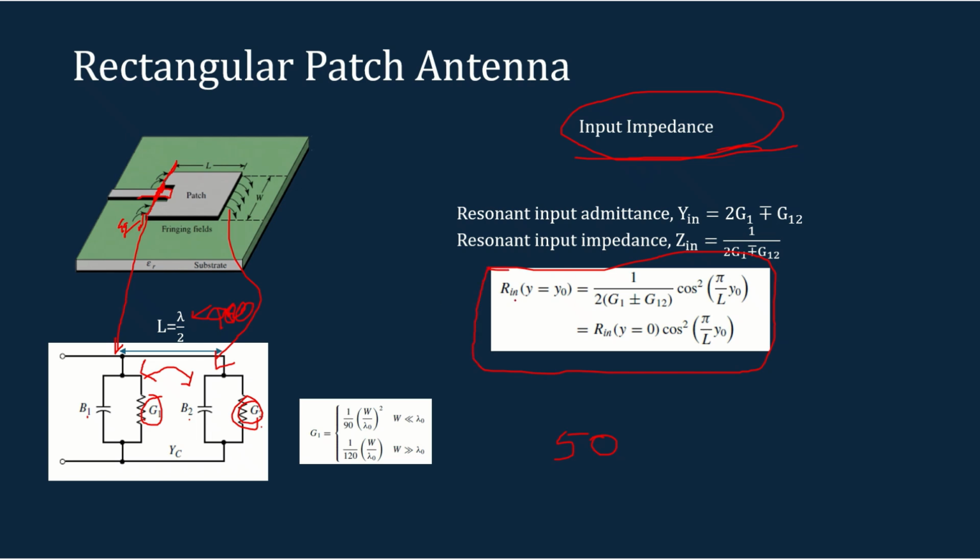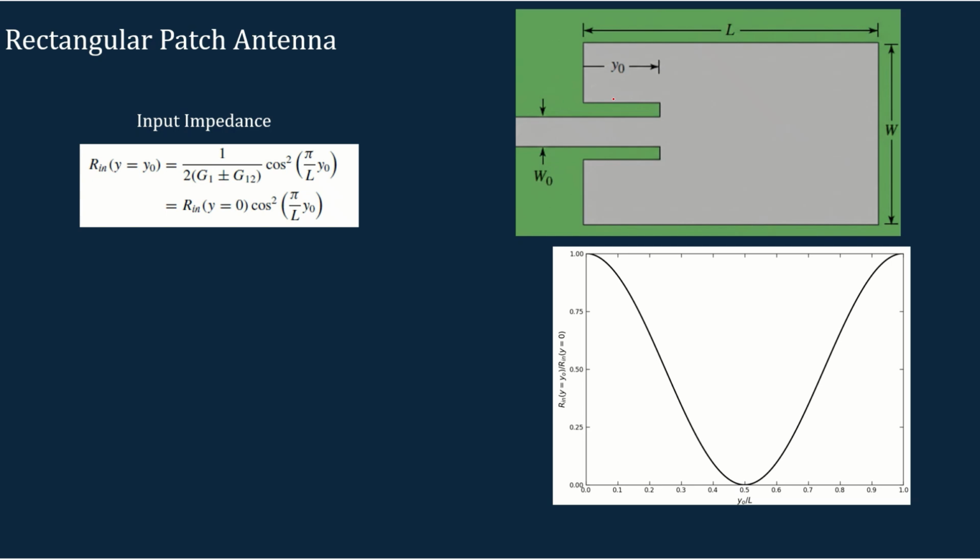Here you can see Rin, that is the impedance at the position y equal to y0. Maybe I will show it with this picture. This is the dimension showing the inset, that is the distance from the edge of the patch to the feed position. So we have to calculate y0. The impedance at y equal to y0 can be given by the expression Rin at y equal to 0.